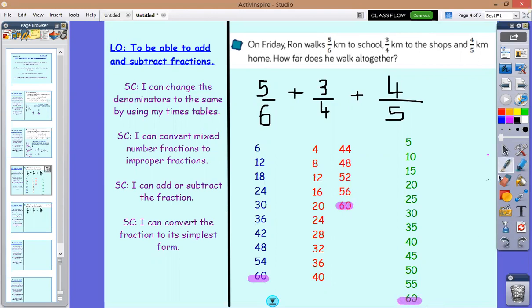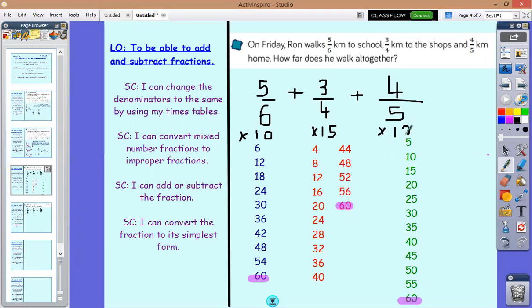So let's have a look. With this fraction here, I need to times by 10. This fraction here, I've got 12, 13, 14, 15, times by 15. And then with this fraction here, it's times by 12.